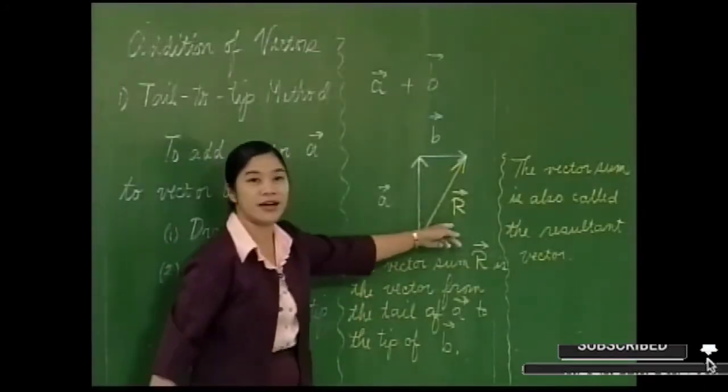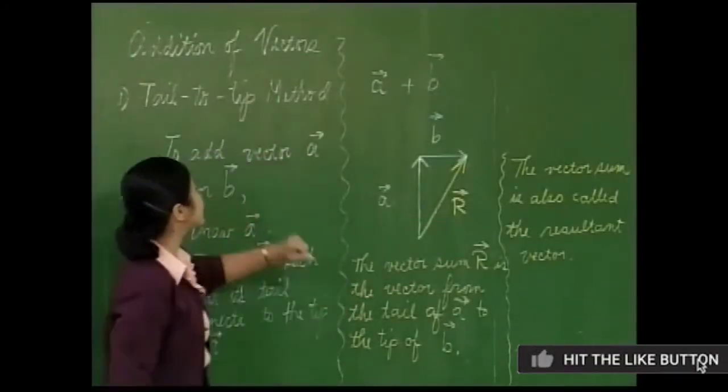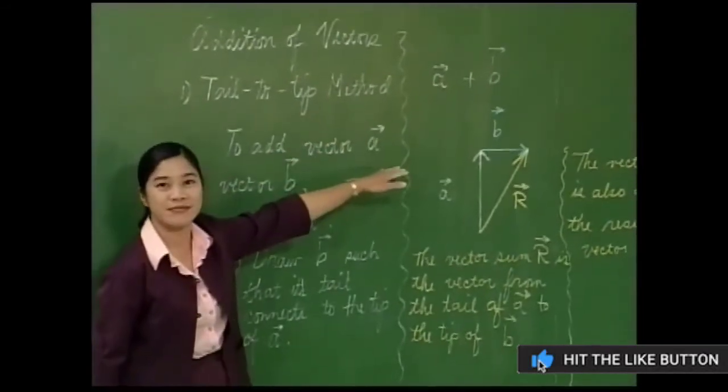That is why it is called R. Okay? So this is the tail to tip method.